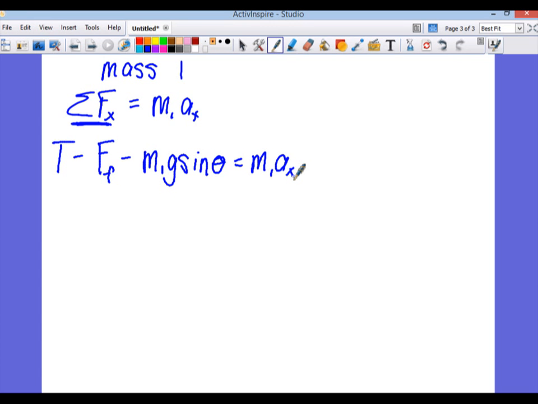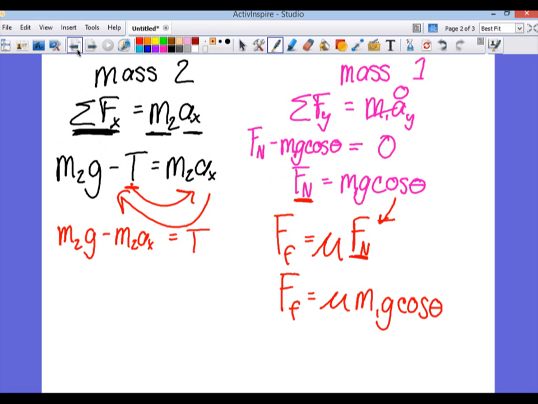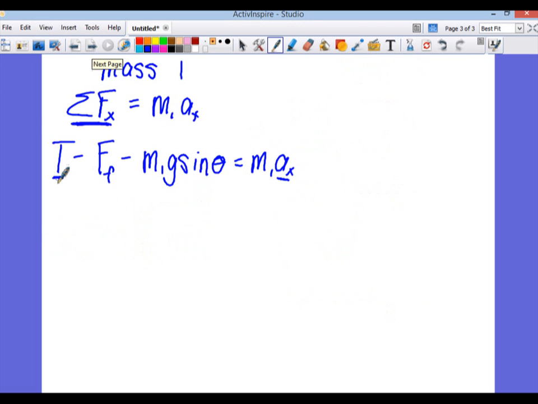Alright, but now again, I don't know tension and I don't know ax. But back on the previous slide, we figured out what tension is equal to. So what we're going to do is our substitution and take this equation and plug it in right over here for my tension.